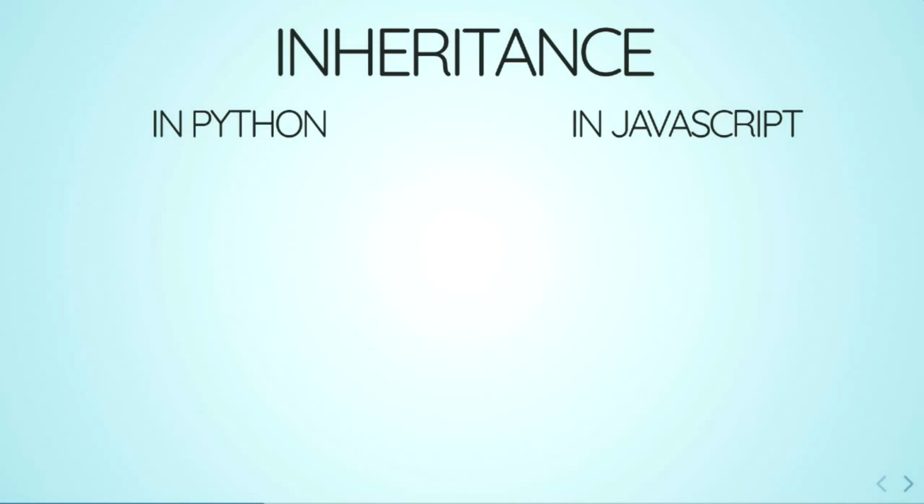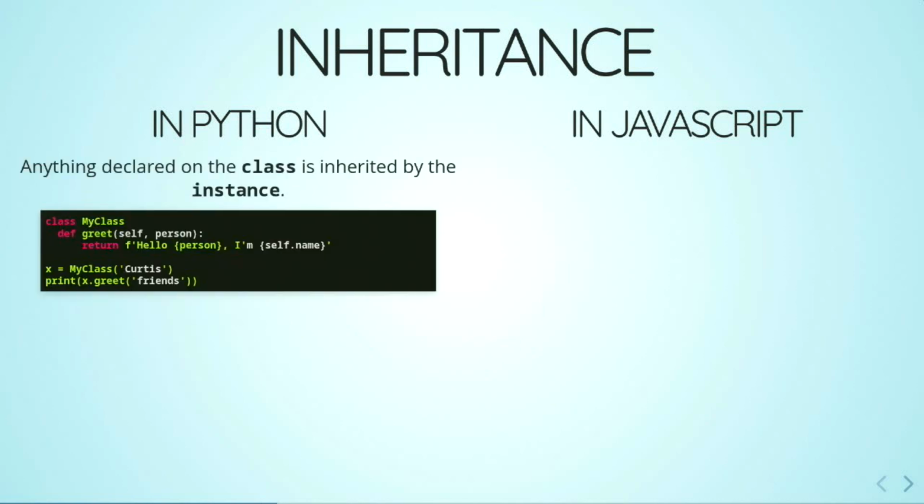Inheritance, again, it's a little different in basic objects. In Python, we actually say that any attributes on our class are inherited by the instance. This way, when we've put a method there, which is an attribute on our class, we can access it that way.